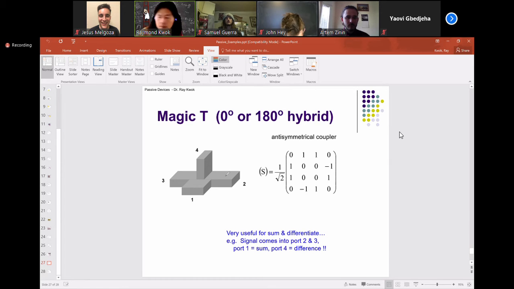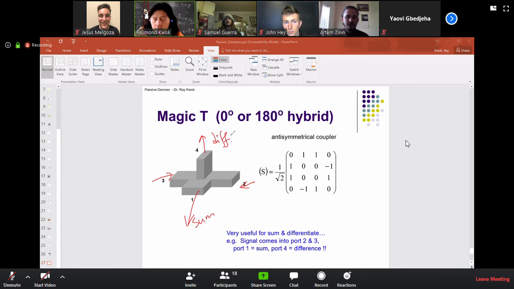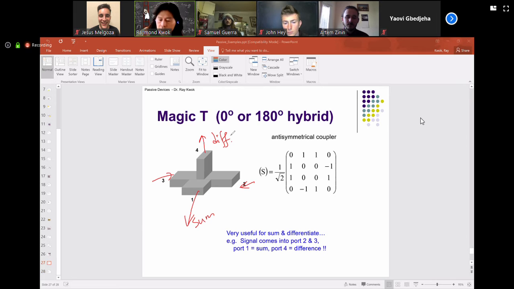Most likely people use this as, this is my input, I'm combining these two. So this is combining together. The sum goes to here, the difference goes to this port. Right? Very useful circuit. People use that quite a bit, and it's simple enough and does all the jobs that you need.